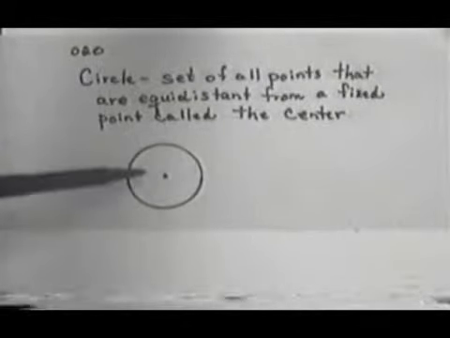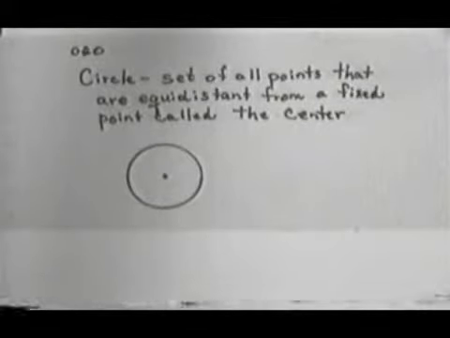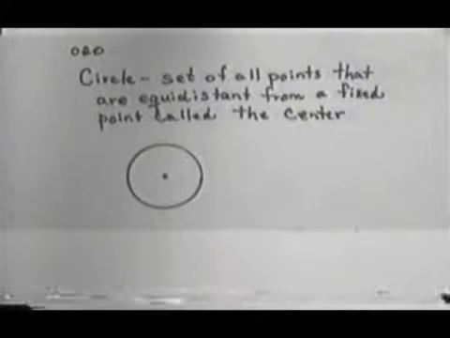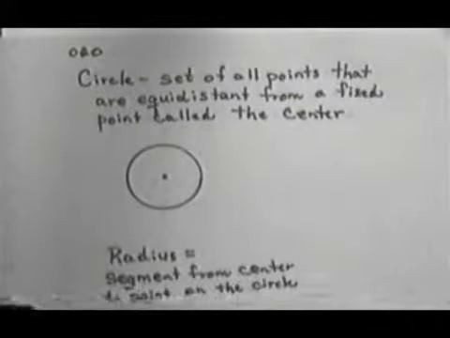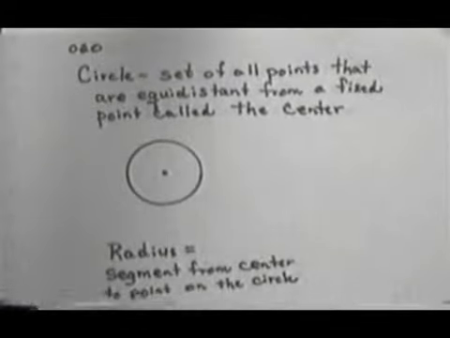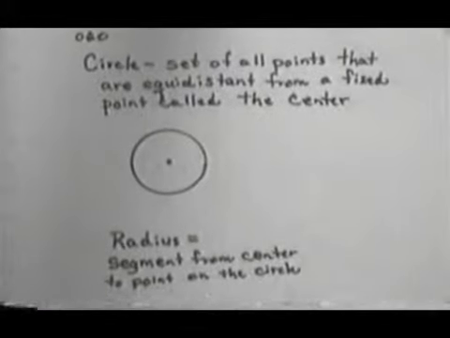The distance from the center, the segment that represents that, is called the radius of a circle. The radius is the segment that's drawn from the center of the circle to a point on the circle.